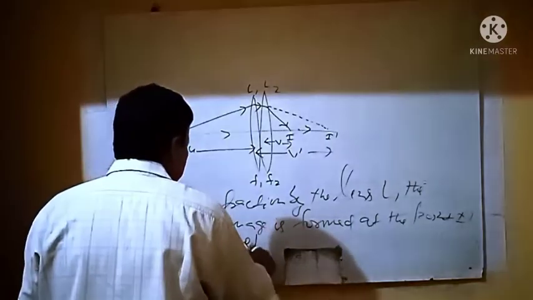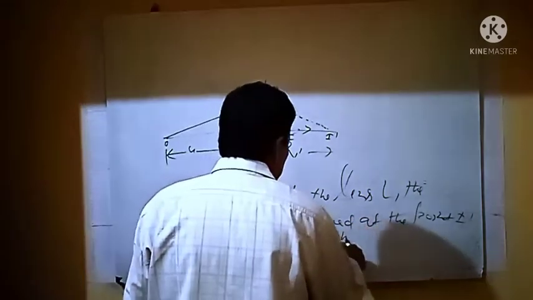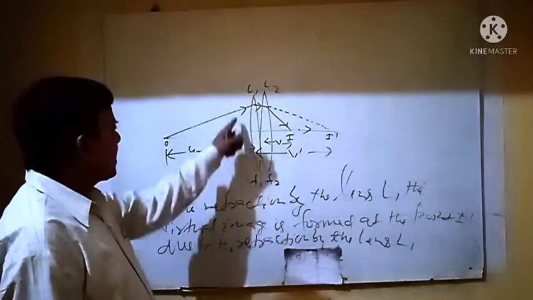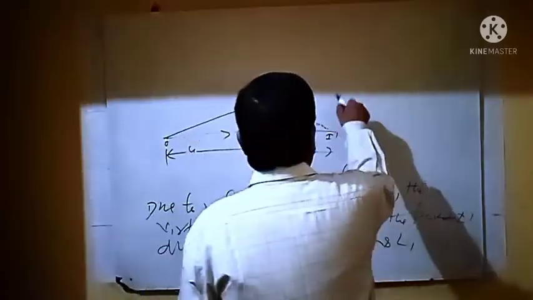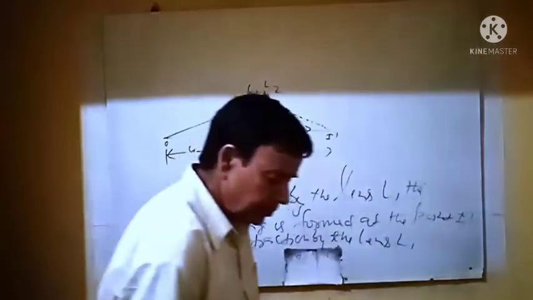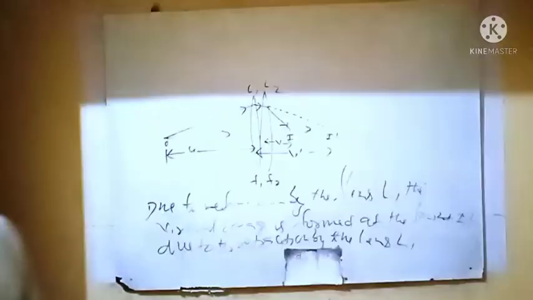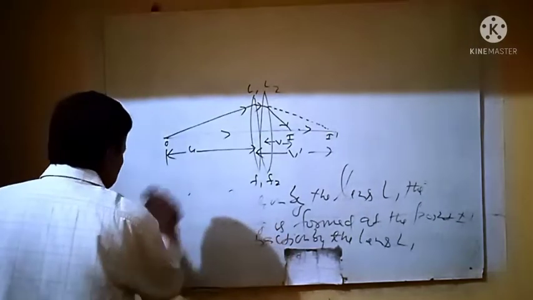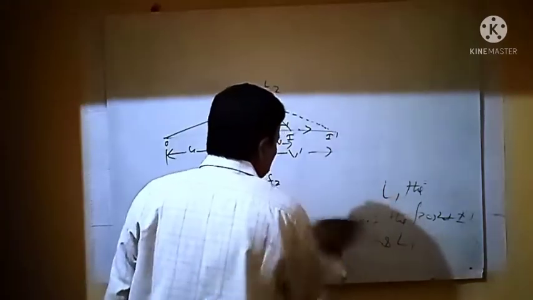There is a refraction of the light by the lens L1, and the virtual image is formed at the point I dash. It serves as the virtual object for the lens L2.